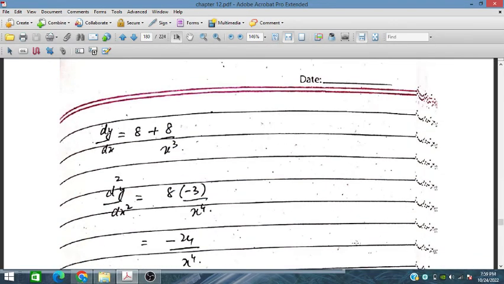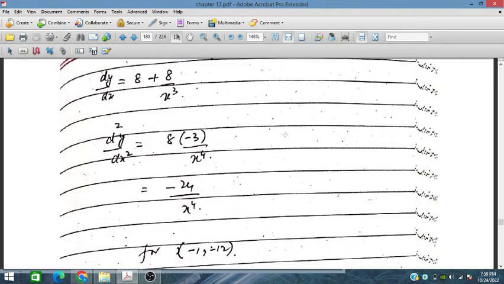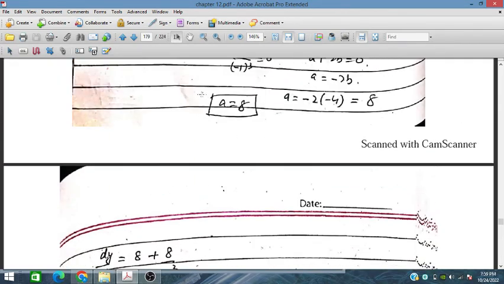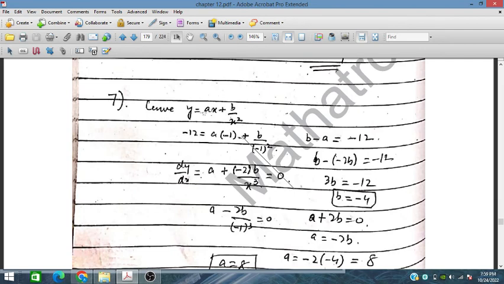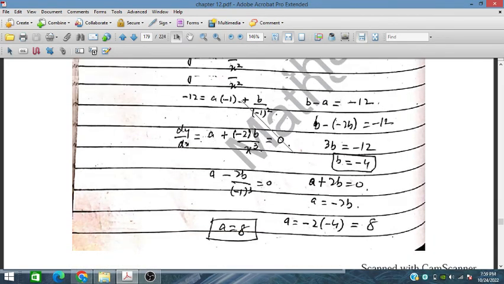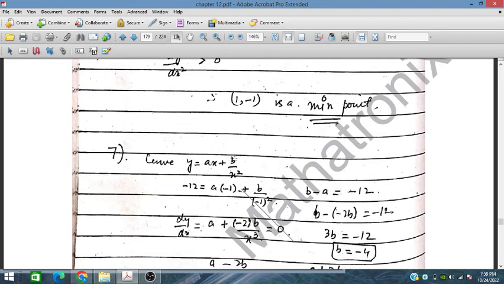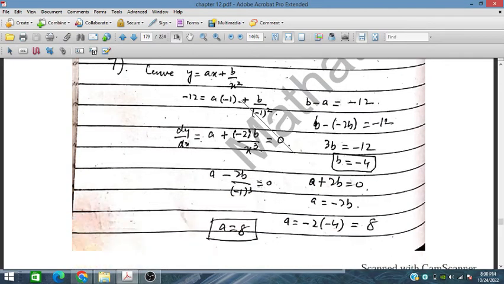Let's say this is dy by dx. Now substituting the values in place of this, a is equal to 8, so we have placed 8, and this b is equal to -4.